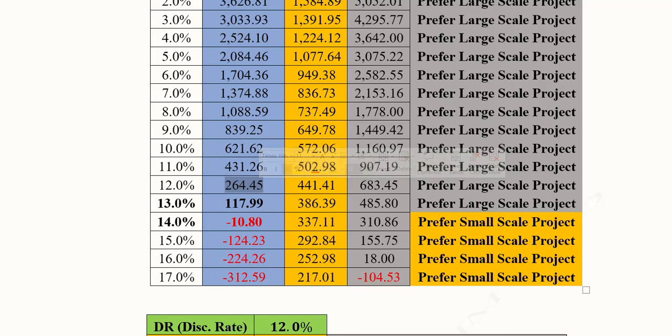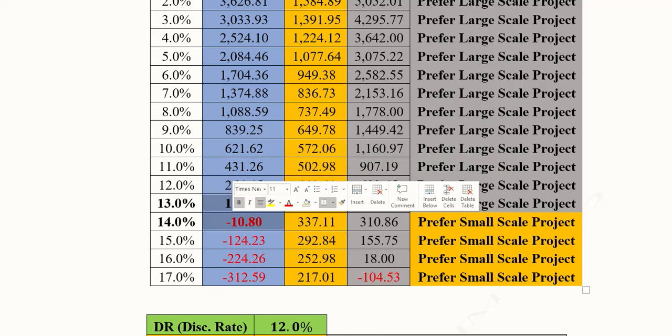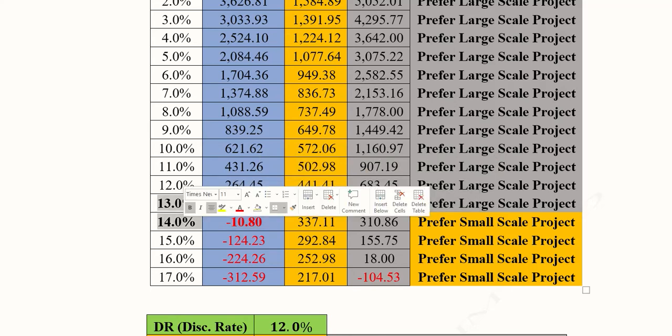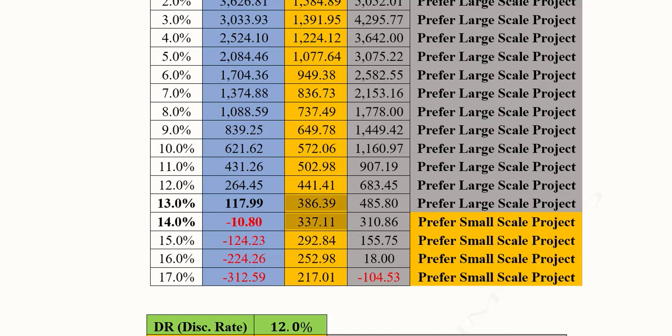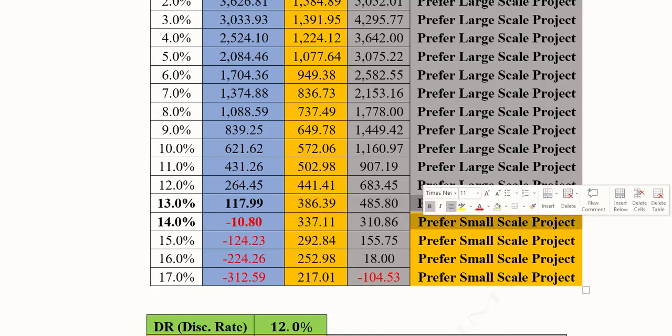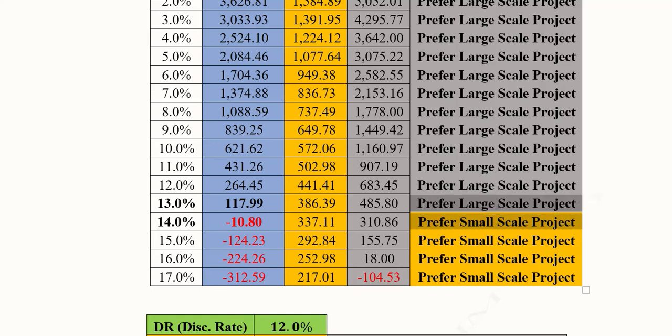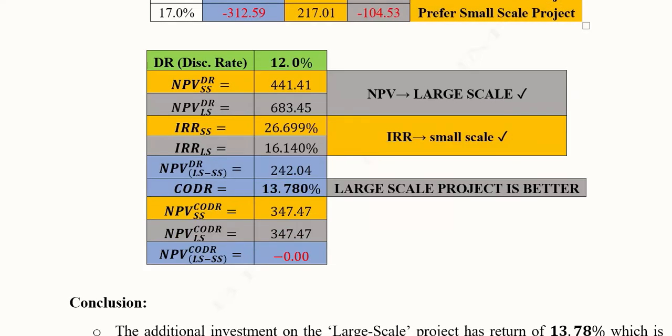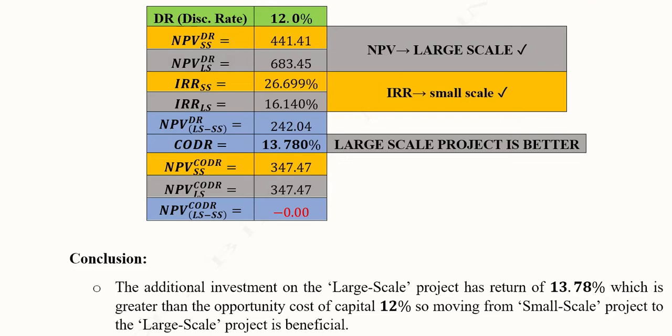But we can clearly see that the crossover discount rate will be between 13 and 14%. You can go back to the topic of crossover discount rate to remember the interpretation and how this change in the interpretation happens. Now the findings are summarized in a table. This is where the discount rate is mentioned.